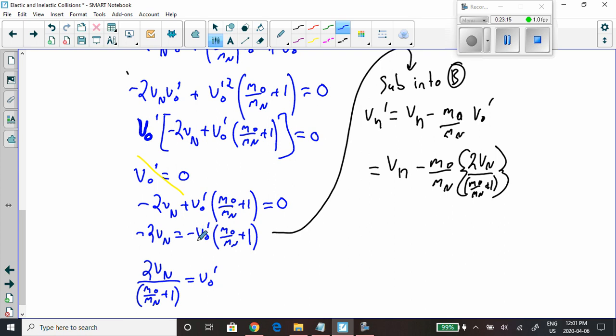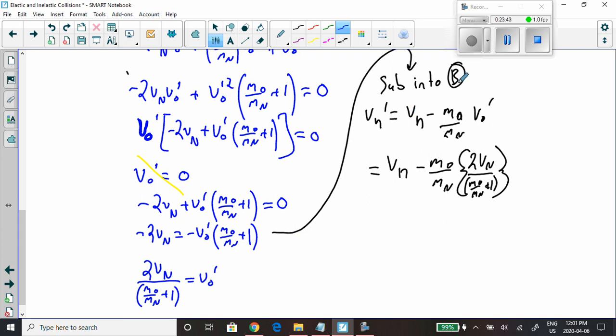And I'm going to divide it through so that I can isolate for velocity of oxygen after the collision. There, I've isolated for it. Aha. I now have a viable solution. I now have an expression that will actually give me a value for velocity of the oxygen molecule after the collision. This makes sense.